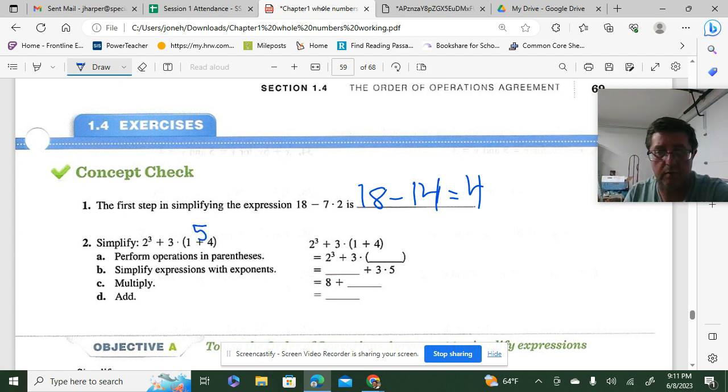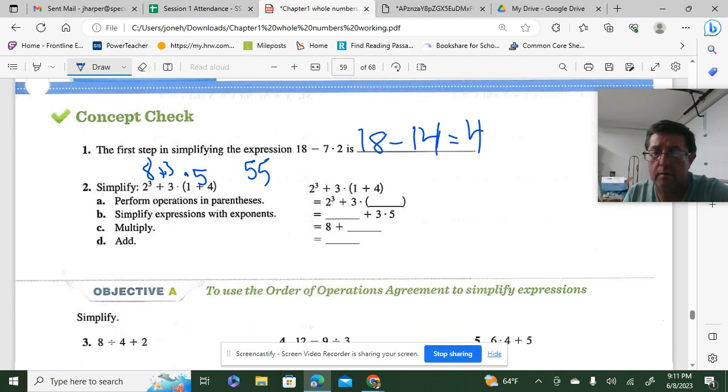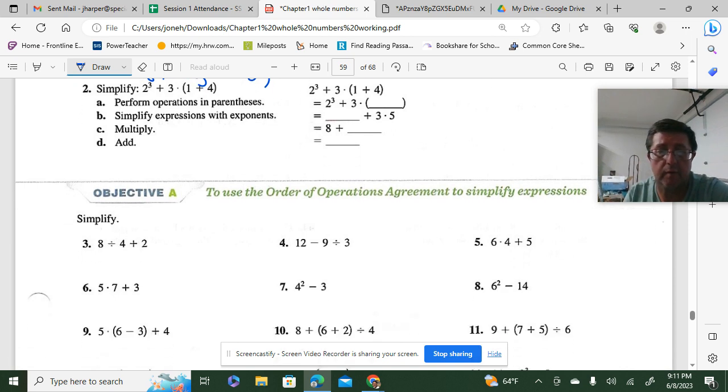And then we could take 2 to the third power, which would be 8. 8 plus 3 times 5. So 8 plus 3 would be 11. 11 times 5 should be 55. Oh, and they actually wrote over here what you were supposed to do. That's cool enough how we did it. It would have been a lot cleaner if I'd realized that.